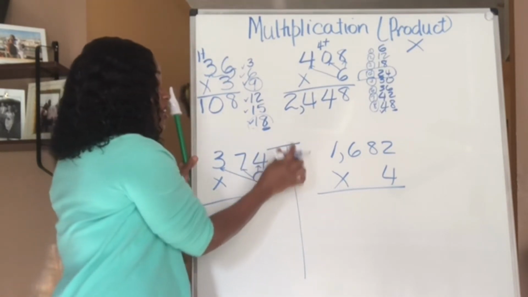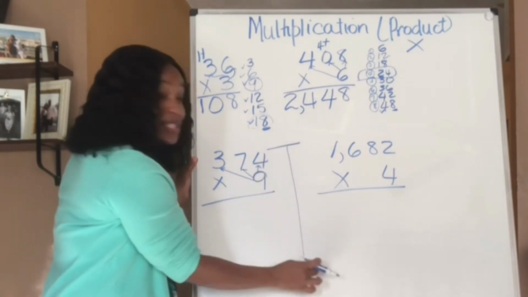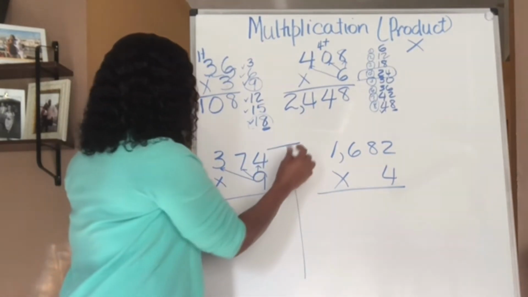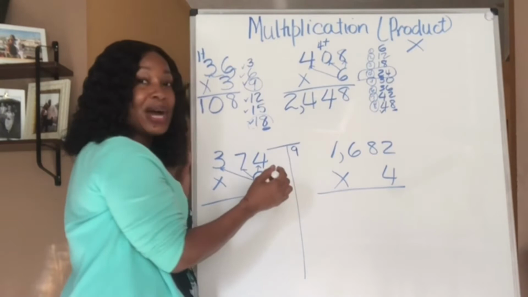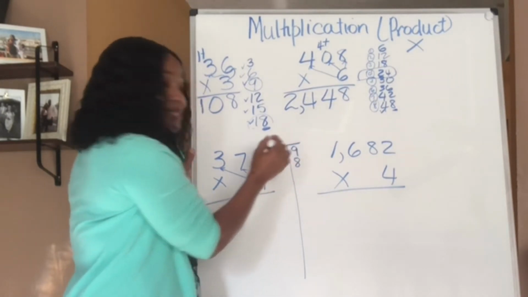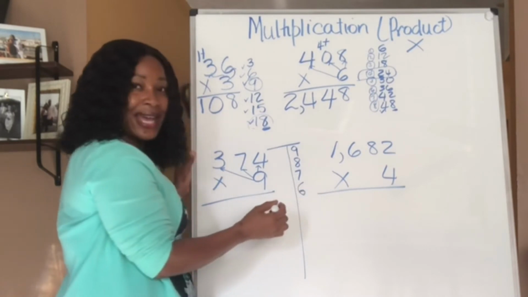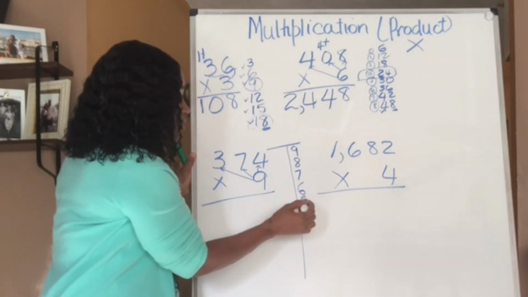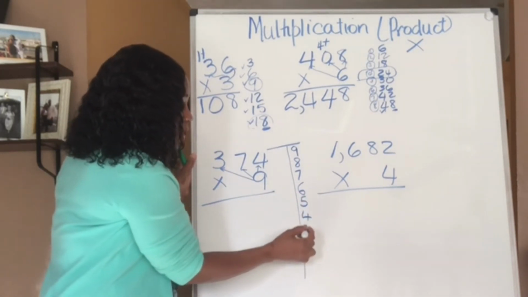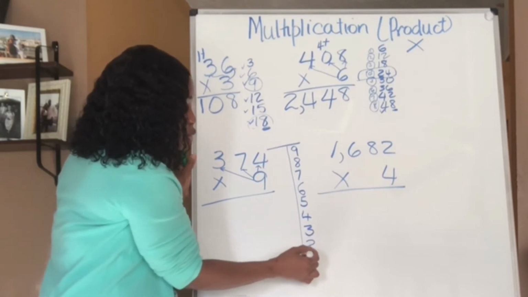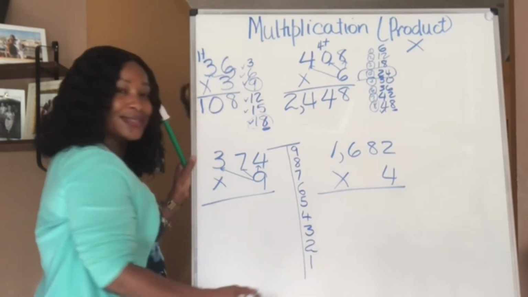So over here, I'm starting to count downwards from 9. So 9 backwards, then 8, then 7, 6, 5, 4, 3, 2, 1.